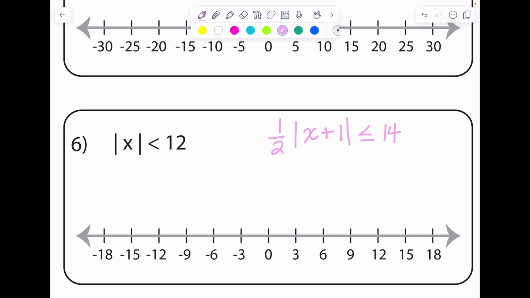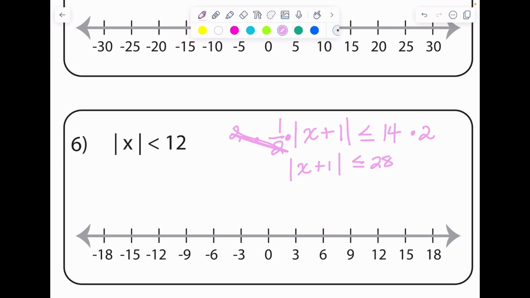So first I get rid of the 1/2 by doing the inverse of multiplying by 1/2, and that would be multiplying by 2. That gets rid of the 1/2, leaving me with the absolute value of x plus 1 is less than or equal to 28.